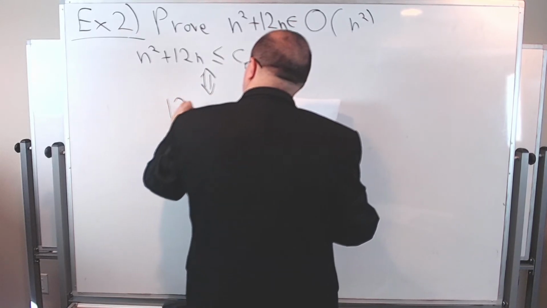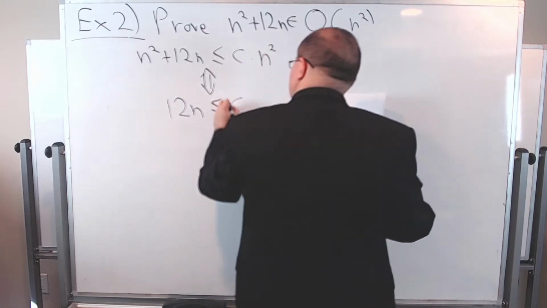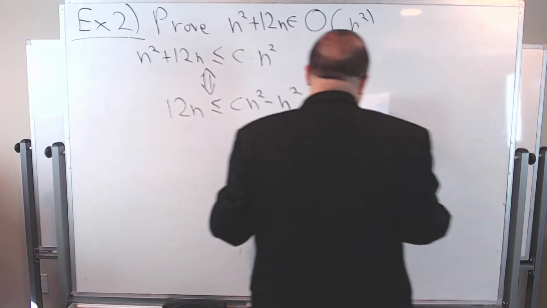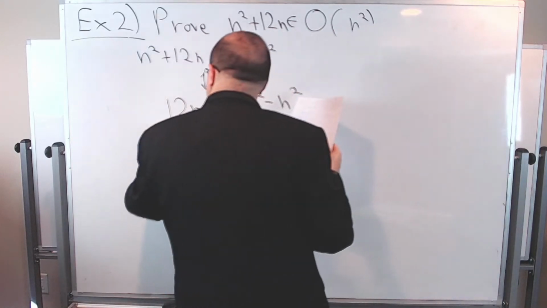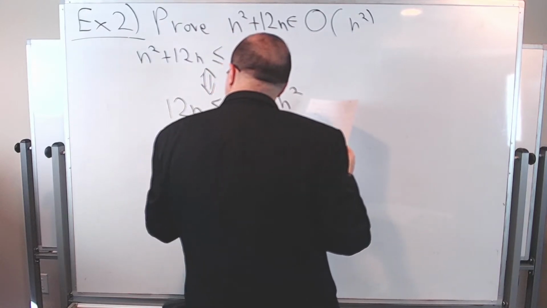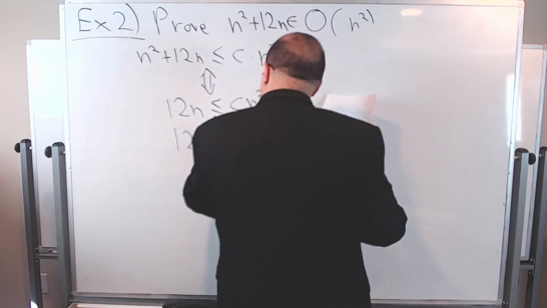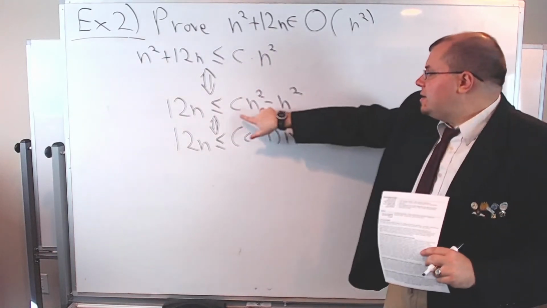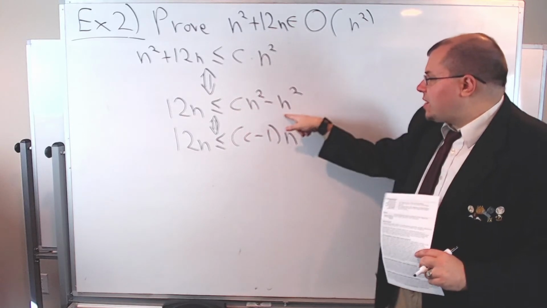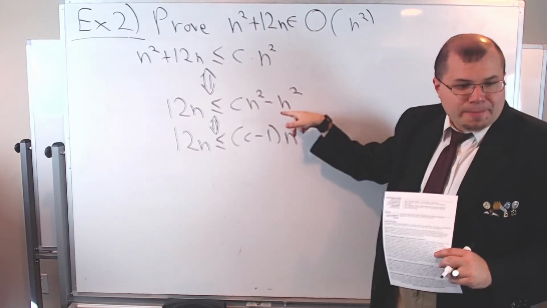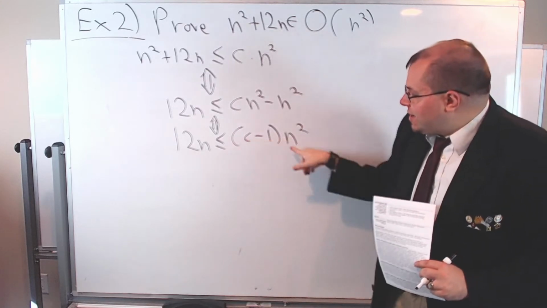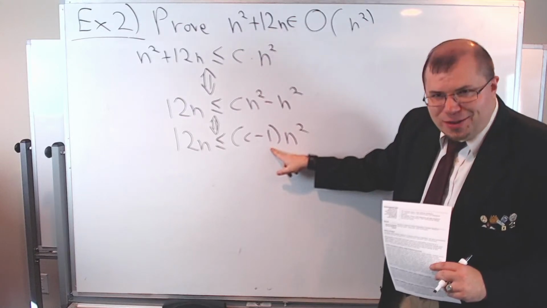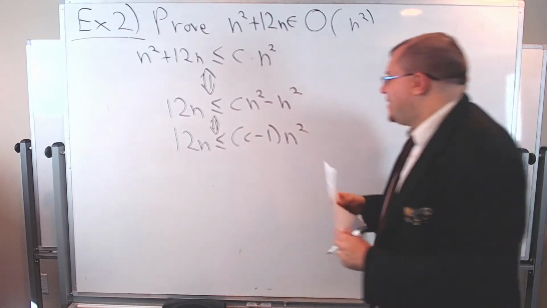So I have 12n is less than or equal to cn squared minus n squared, which I'm going to simplify a little further. 12n is less than or equal to c minus 1 times n squared. So I'm just going to factor out the c. If you notice, I can expand this out with n squared, so I get cn squared, and I have n squared times -1, right? Which is right there. Okay.